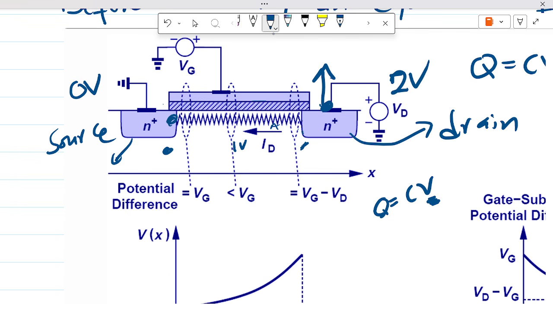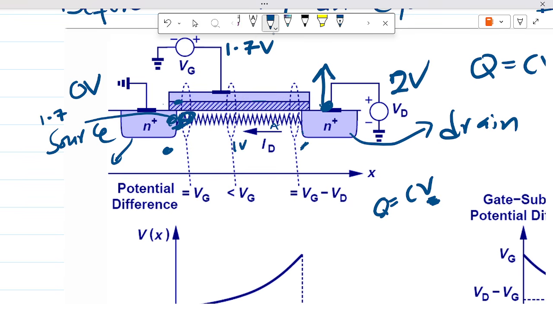So assuming we have 1.7 volts here, then the potential difference between a point near the source and the gate would be 1.7, which means there will be a lot of charges at this point.